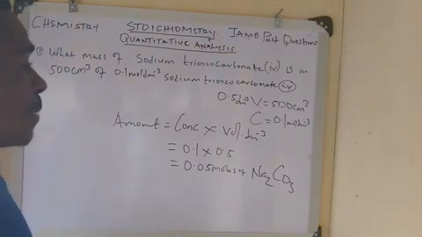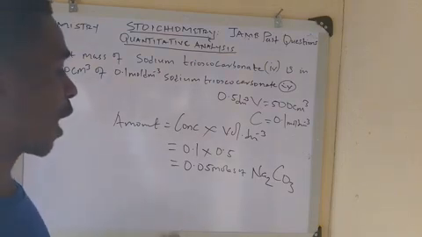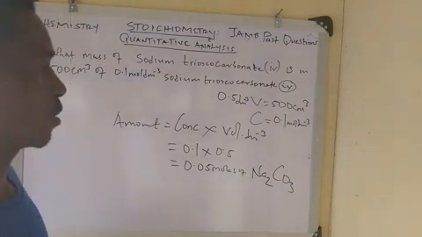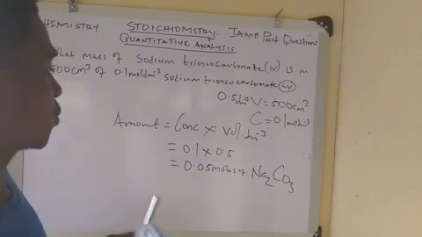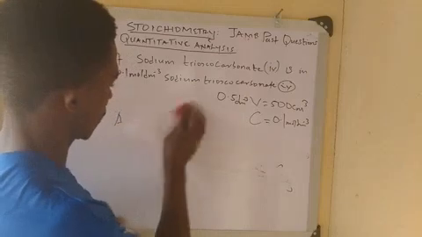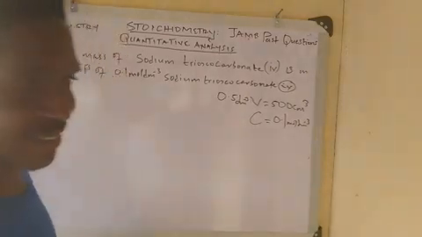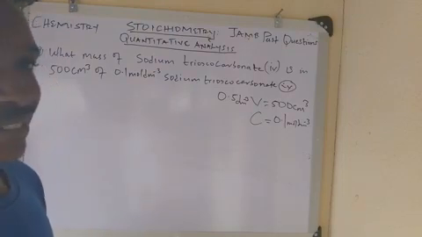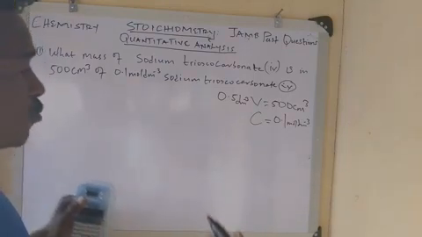So now, remember that our amount is 0.05 moles. So we want to proceed by calculating the mass now. If I want to calculate mass, then this formula is applicable.